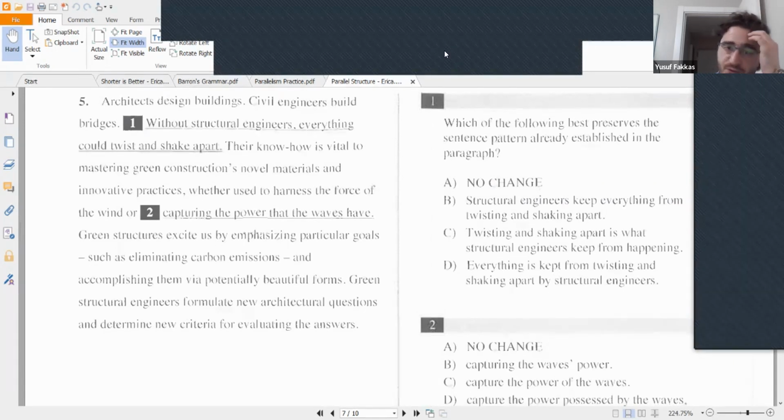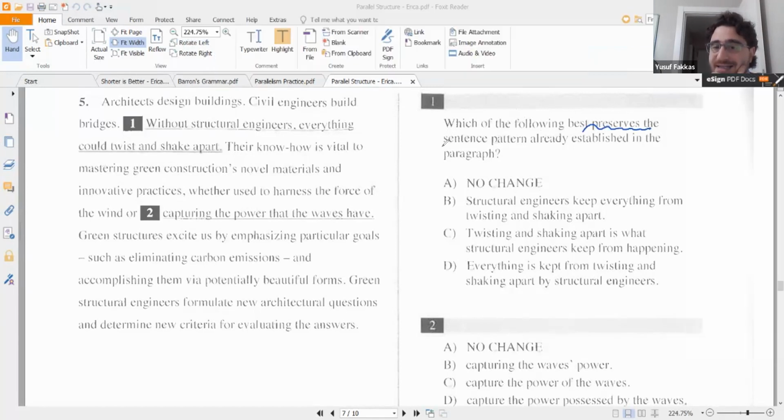So let's move to paragraph number 5. Tasneem. Architects design buildings. Civil engineers build bridges. And we need a third sentence that keeps or maintains the same sentence pattern already established in the paragraph. Which one should we choose?